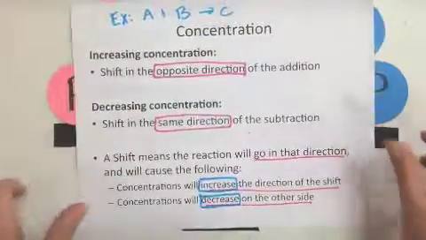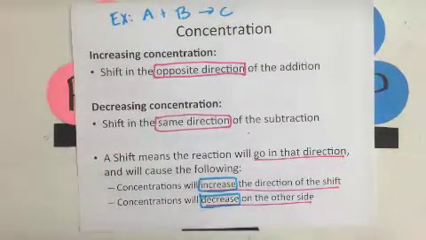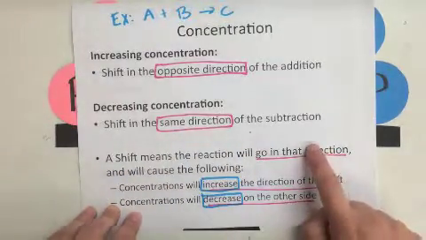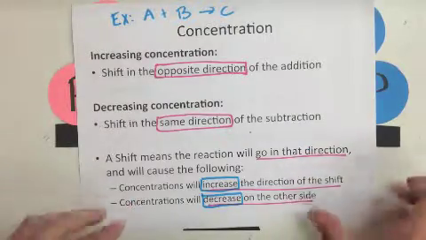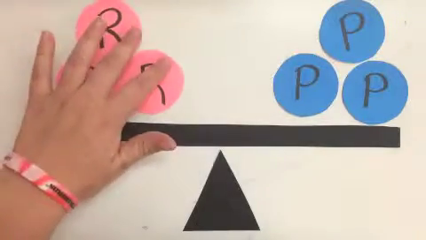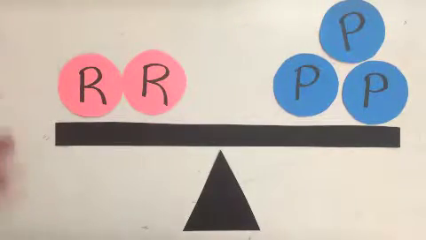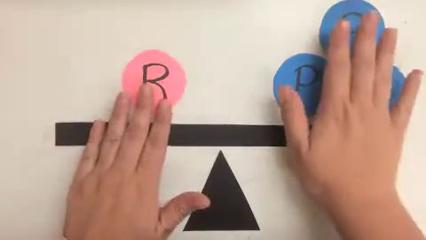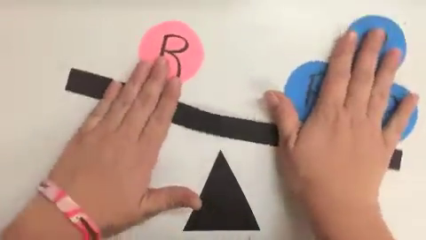Okay? Now, let's say we decrease concentration somehow. So somehow the scientist is going in and taking something away. So this time it's going to shift in the same direction of the subtraction because it has to replace what you just took away. So, for example, if I take some of the reactant away, that puts you more products.